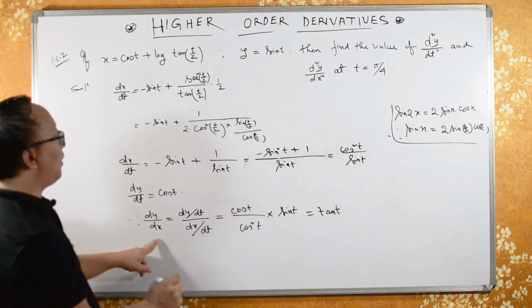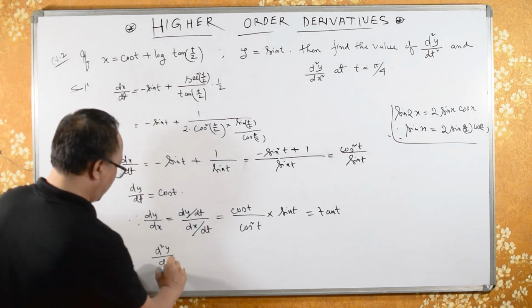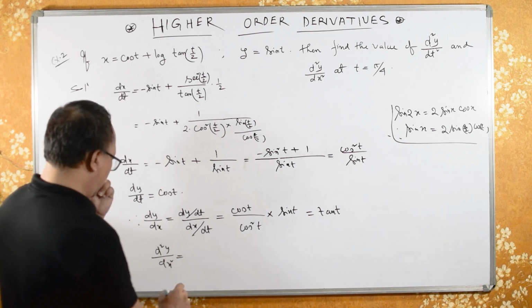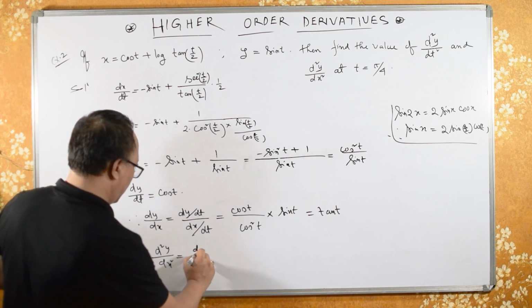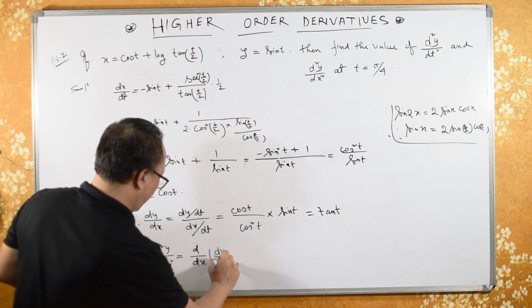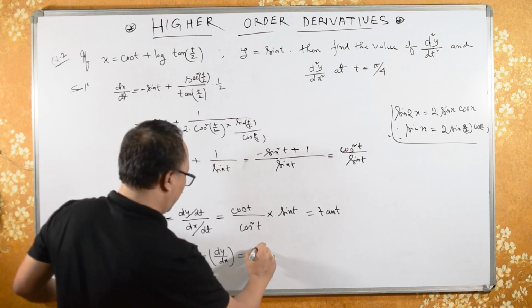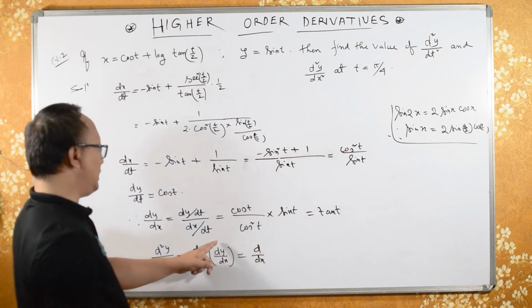Now in order to find d2y by dx square, which is the same as d by dx of dy by dx. What is dy by dx?